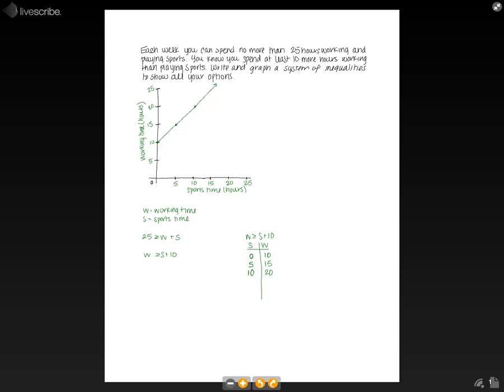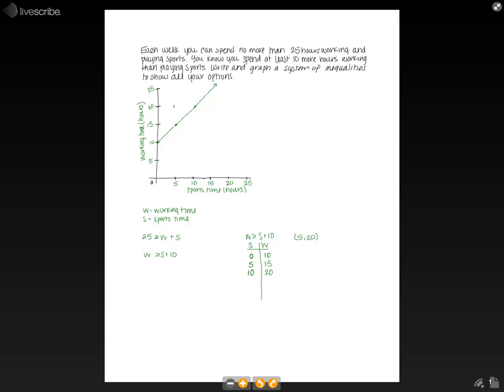Okay, so now we need to do our shading. So the way I like to do shading is just to pick a point and see if it makes the equation true or false. So we're going to pick a point above the line. So let's pick 5, 20, okay? Which is above the line.